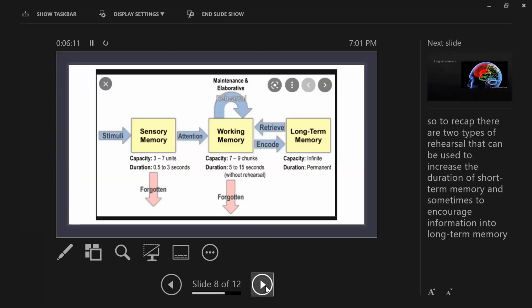So just to recap, we have sensory memory. If we pay some attention to our sensory memory, it can be converted into working memory or short-term memory. And once we rehearse those memories through maintenance and elaborative rehearsal, they can be changed into long-term memory.